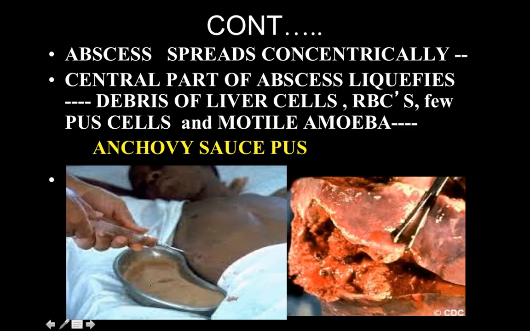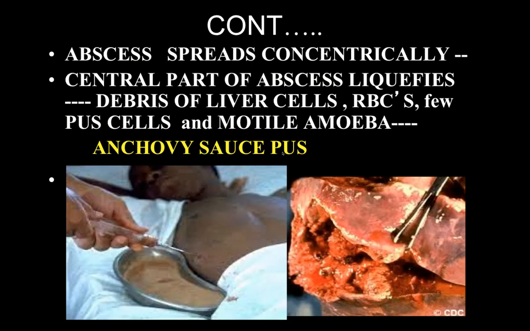What you see over here is a brown colored pus, and this picture shows you a liver from where the pus has been drained. This pus contains degenerated liver cells, RBCs, few pus cells, and a large number of motile amoebae. If you look at it under the microscope, this is what you're going to see, and this is known as anchovy sauce pus.